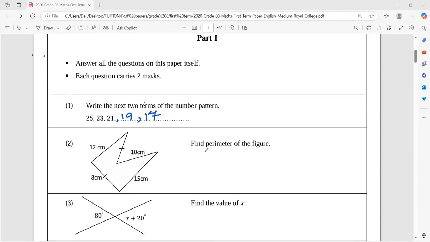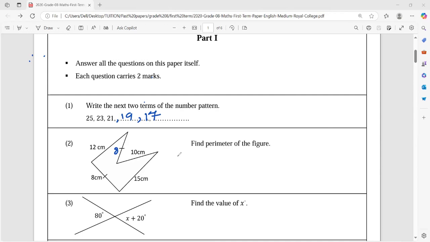And find the perimeter of the figure. To find the perimeter, you have to add all the lengths, right? So here this is 8, and this is also 8, because that is what is meant by this small cut line, right? Therefore, we will add all these to get the perimeter.